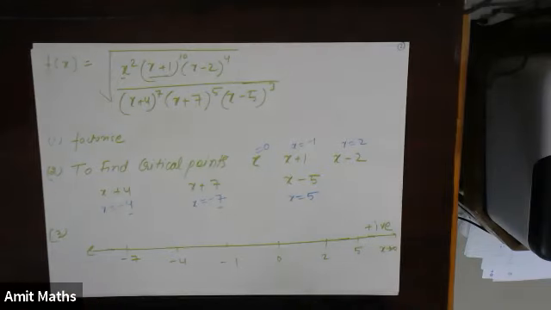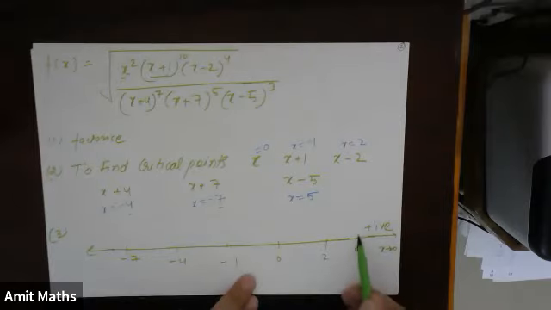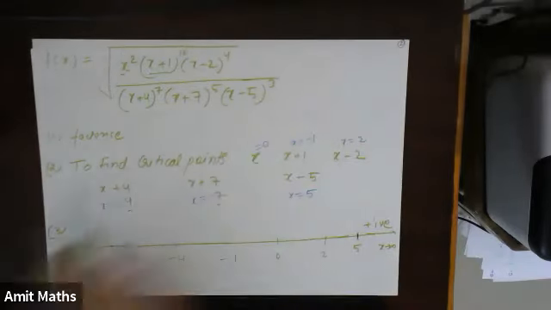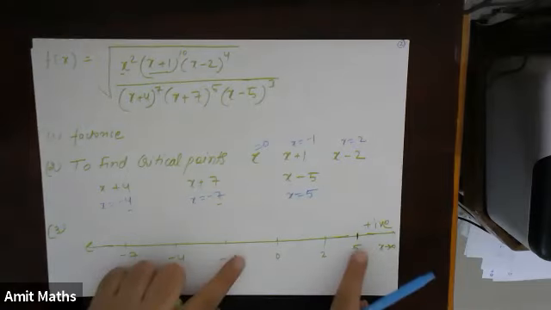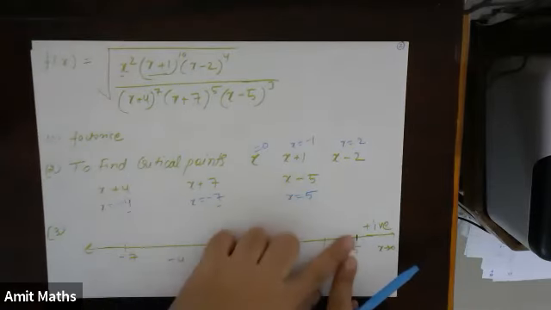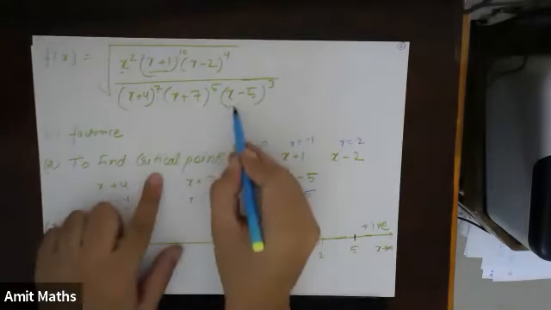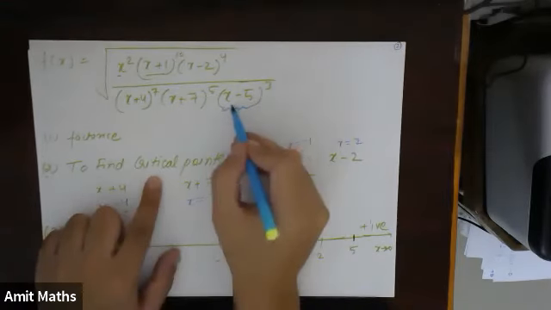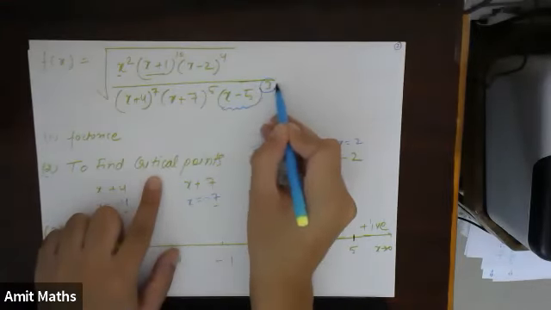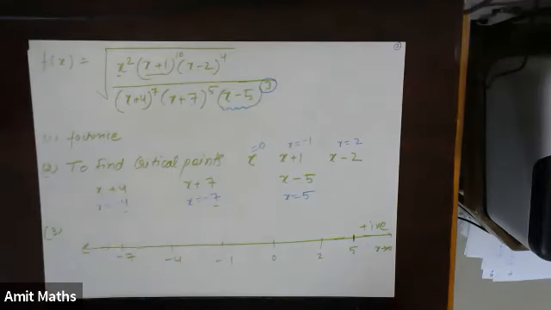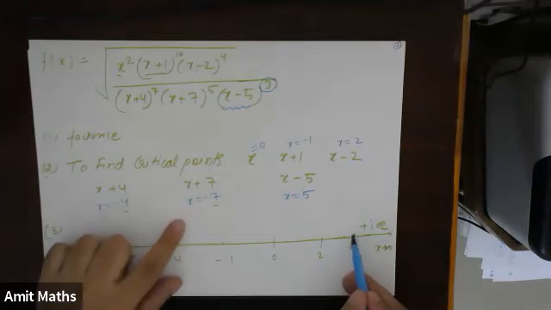Now, how will I form the wavy curve? 5 is a factor of this part, and it is very important. If for this the power is odd, then whatever the sign before this or after this, it will change.